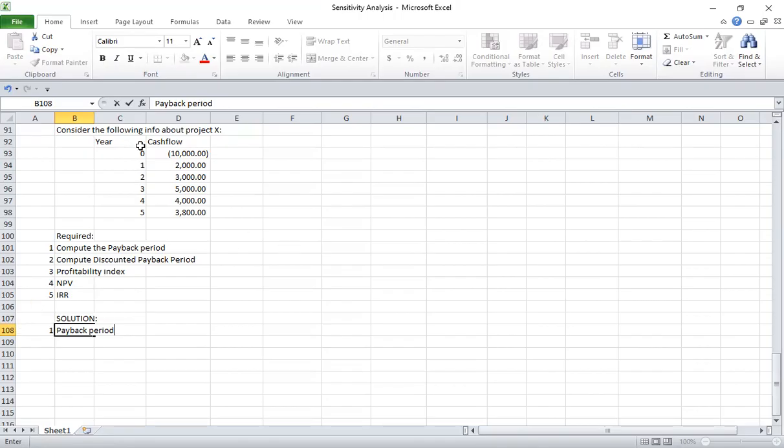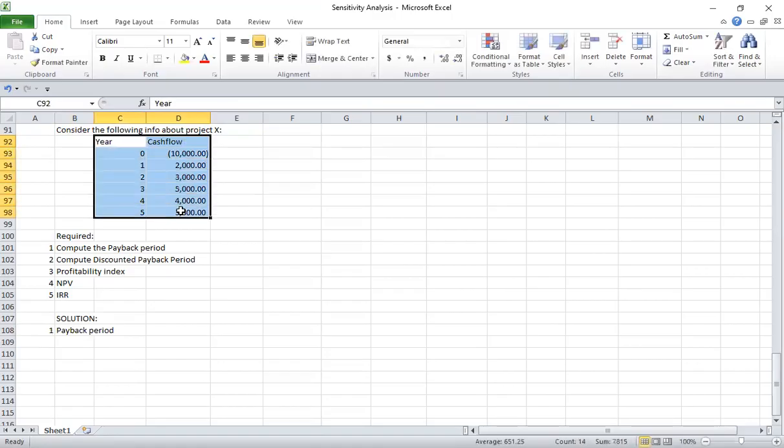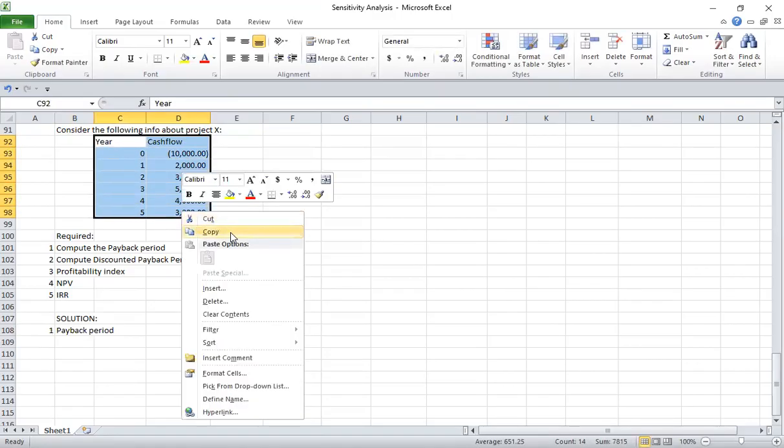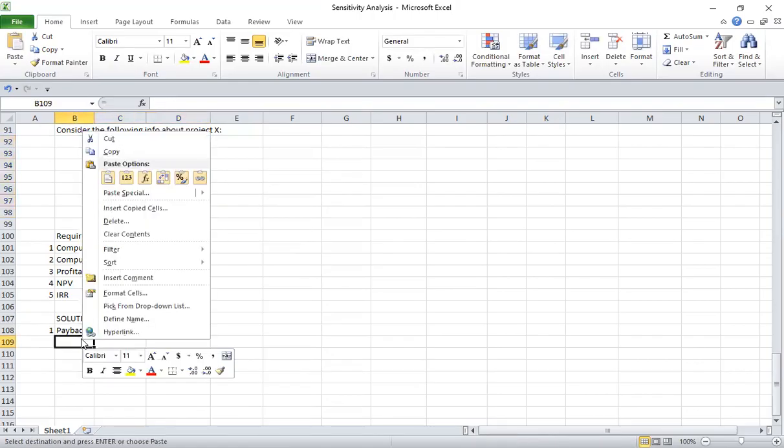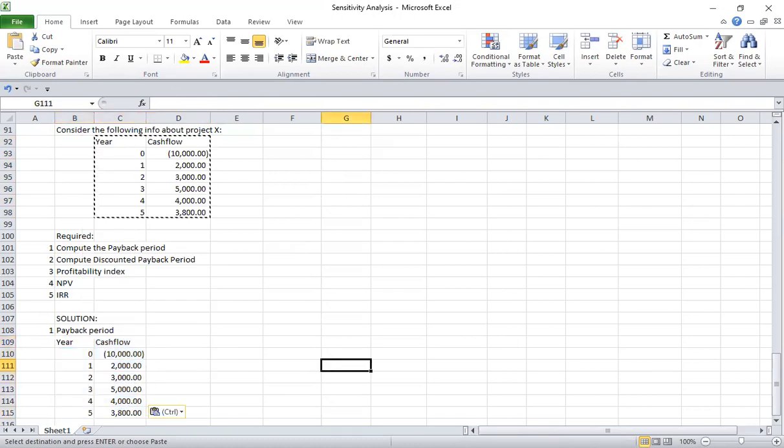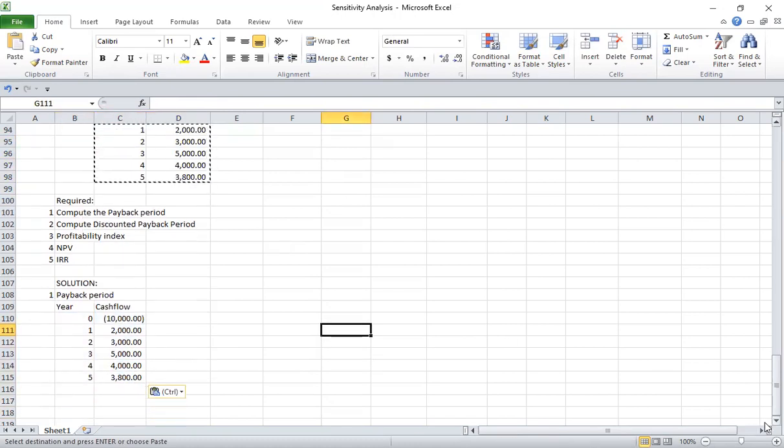The first thing that we need are these cash flows, so I will copy paste them down here, and we can estimate, by looking at the cash flows, the complete years that we'll need to recover the initial investment.